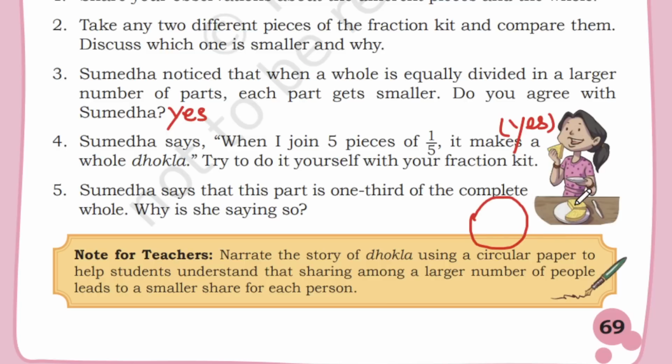So it is divided into 3 pieces. One she is already having in her hand and 2 pieces are left out. So that is the reason she is saying she is having 1/3 of a complete whole. So this is the 1/3 piece which she is holding in her hand. Okay, next.